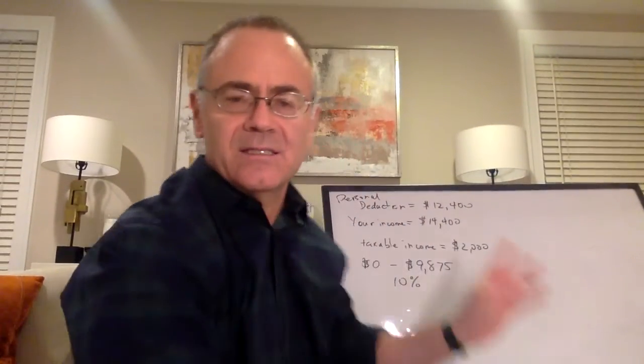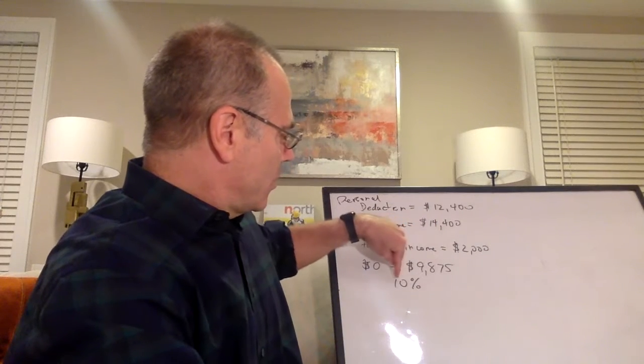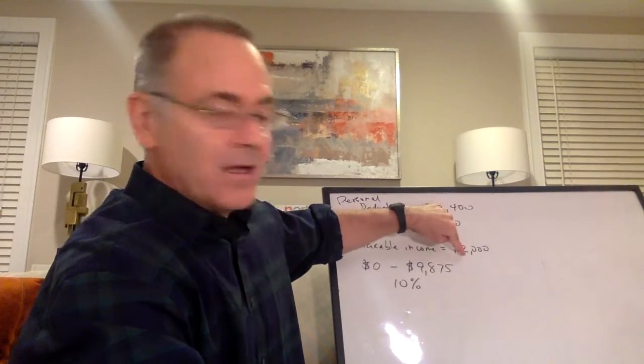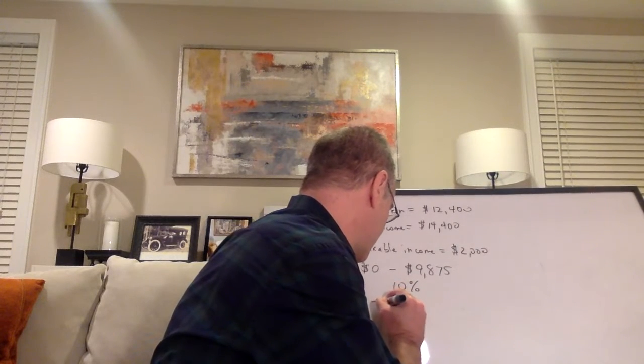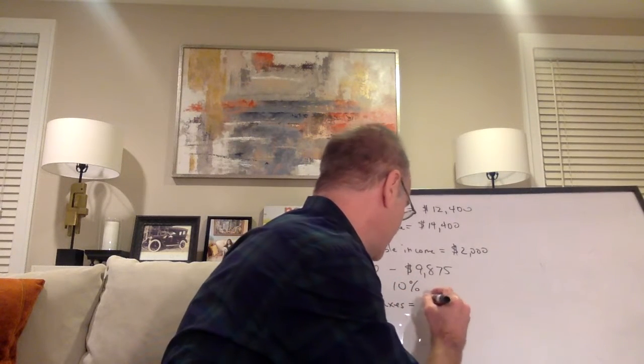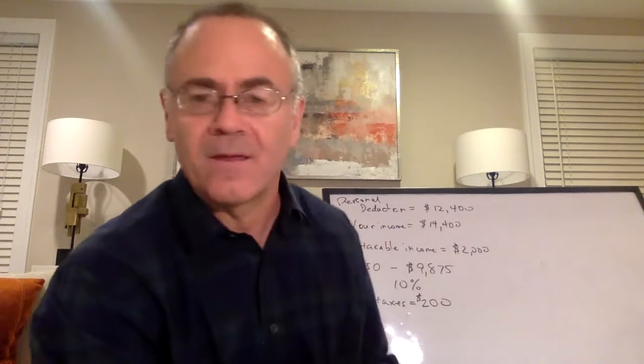So what that means is, if you were doing your taxes and you made 14,400, you would take 10% of that $2,000. So your taxes equal $200.